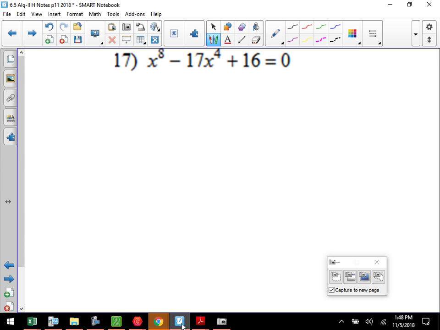Since this one is a trinomial, your exponents go from 8 and 4 to nothing. Treat it just like you would a regular quadratic. And think, what times what's 16? You add together, you get -17. Yeah, -16, -1. So this becomes x to the 4th minus 16, x to the 4th minus 1.